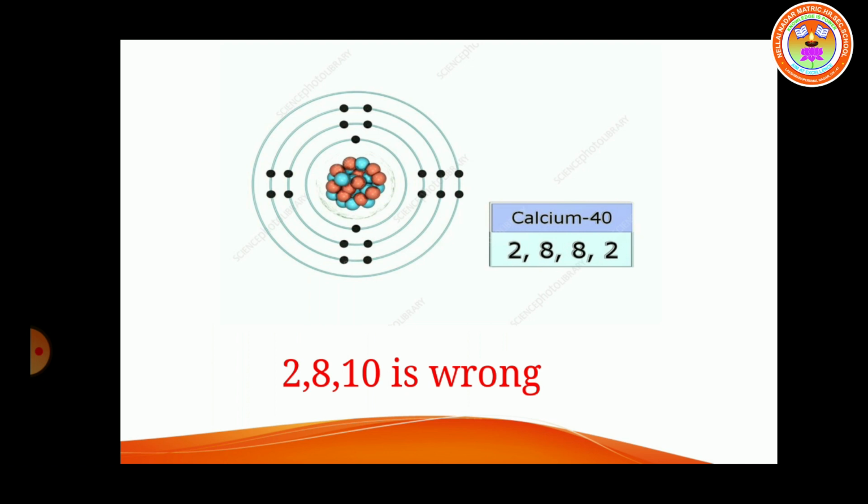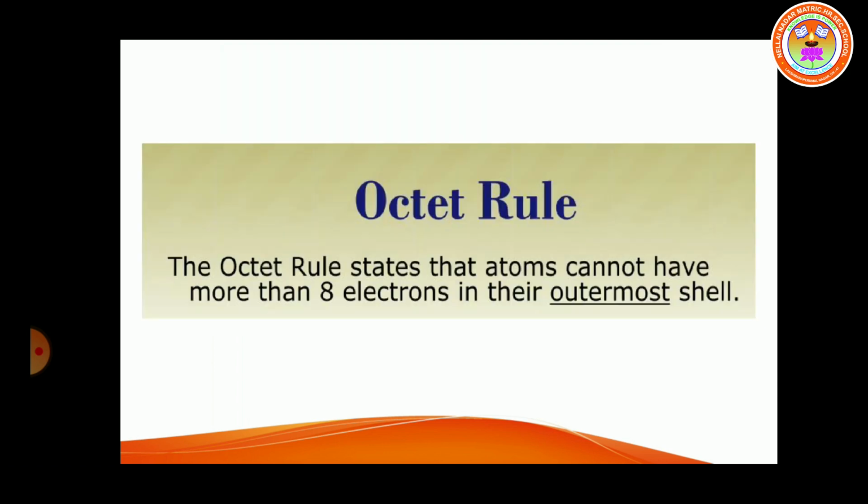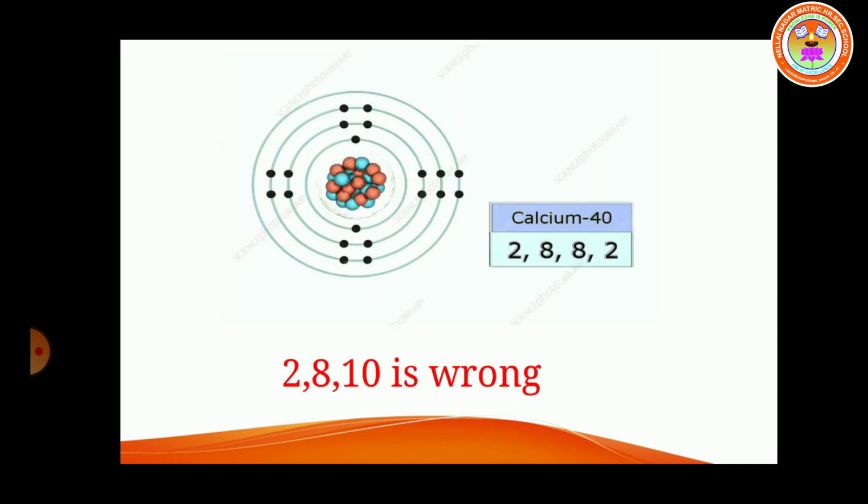We can't write 2, 8, 10. But we know in the first shell a maximum of 2 electrons are present, in the second shell a maximum of 8 electrons, and in the third shell a maximum of 18 electrons. Then why do we not write 2, 8, 10? Because based on the third rule, the outermost shell of an atom cannot have more than 8 electrons.